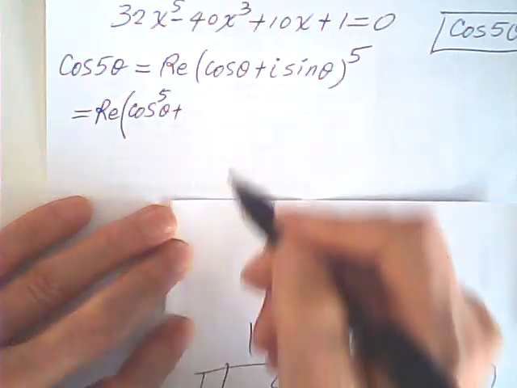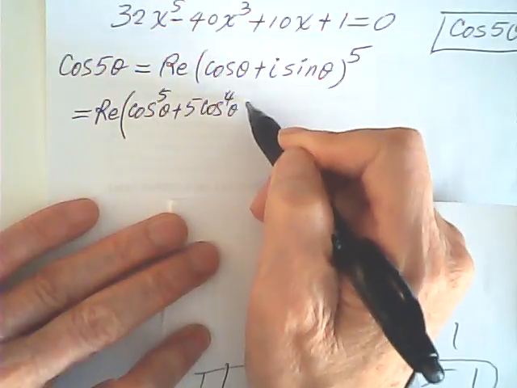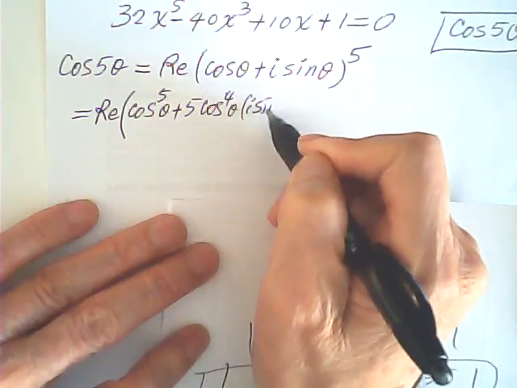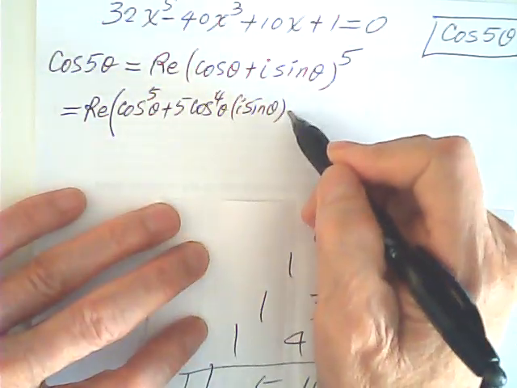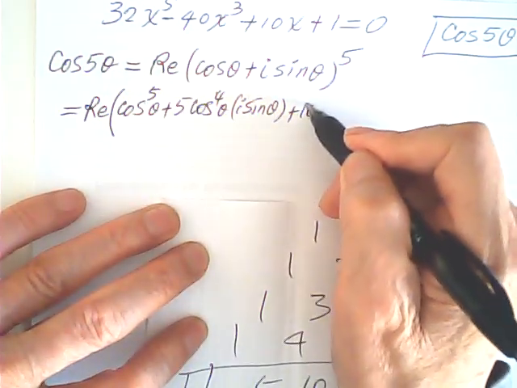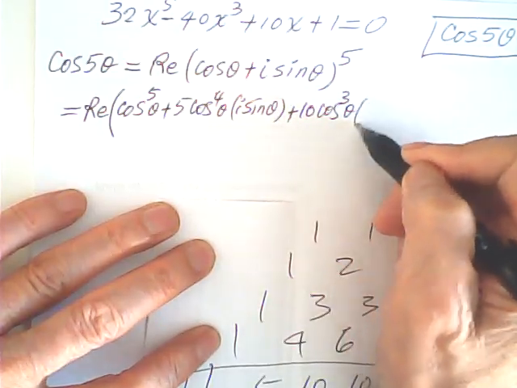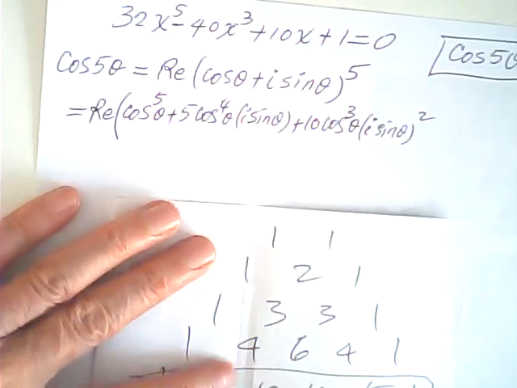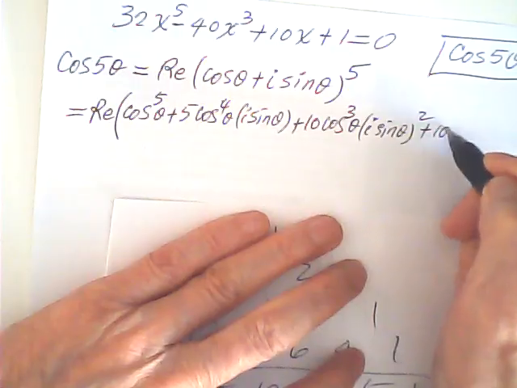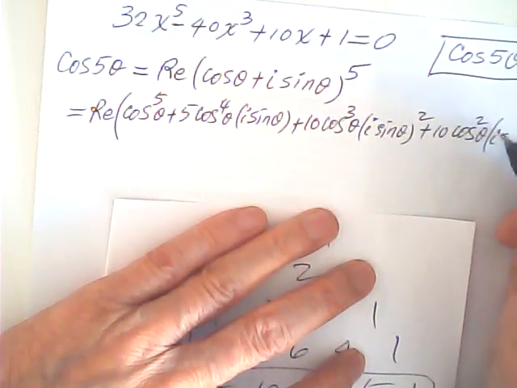Next one is 5 cosine 4th times i sine, that's right, and plus 10 cosine cube times i sine square, then plus 10 cosine square times i sine theta cube.